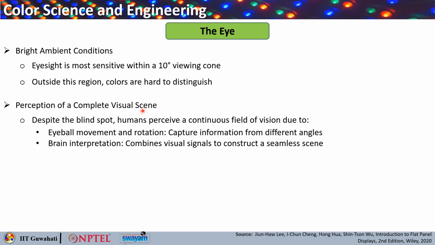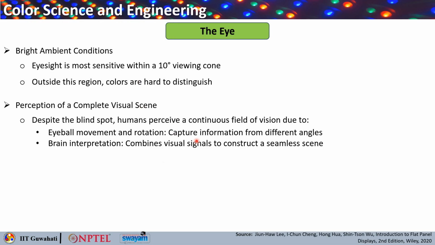Despite the blind spot, humans perceive a continuous field of vision. Though there is a blind spot, it does not come into your feeling all the time, because this can be avoided, and you can always perceive a continuous field of vision through your eyeball movement and rotation.